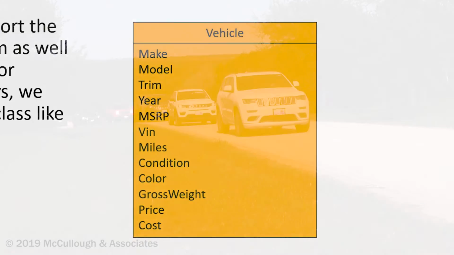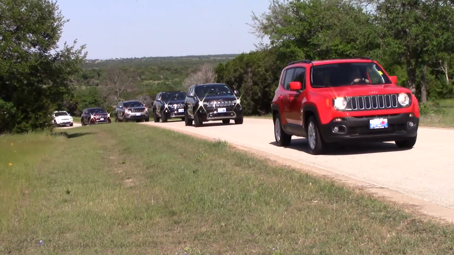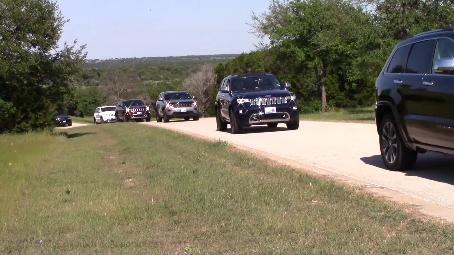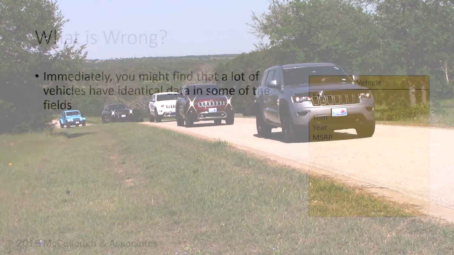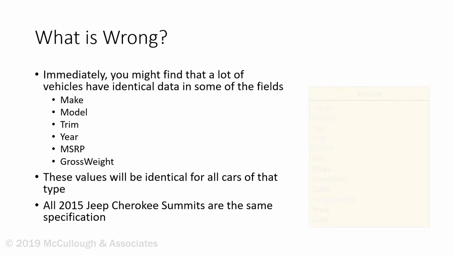We're mimicking a real-world vehicle, and immediately you would discover that a lot of your objects have identical data in some of the fields. In particular, looking at this list, a lot of your used vehicles are going to be the same make, model, trim, year, and therefore manufacturer's suggested retail, as well as the gross weight.